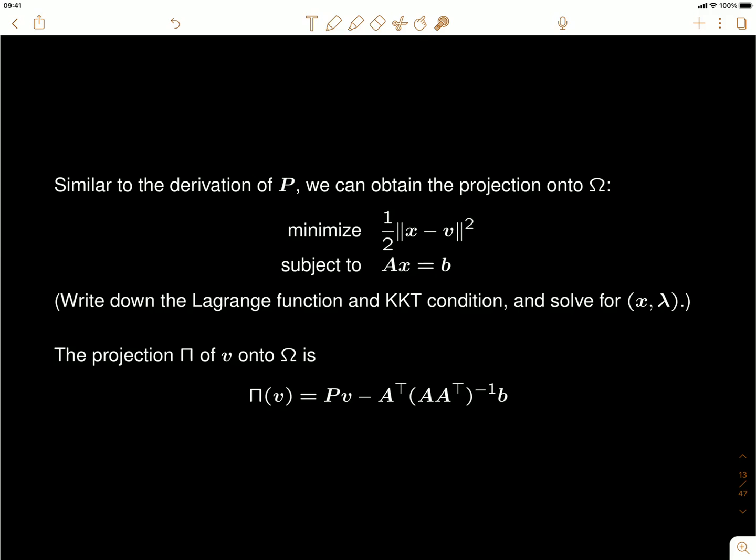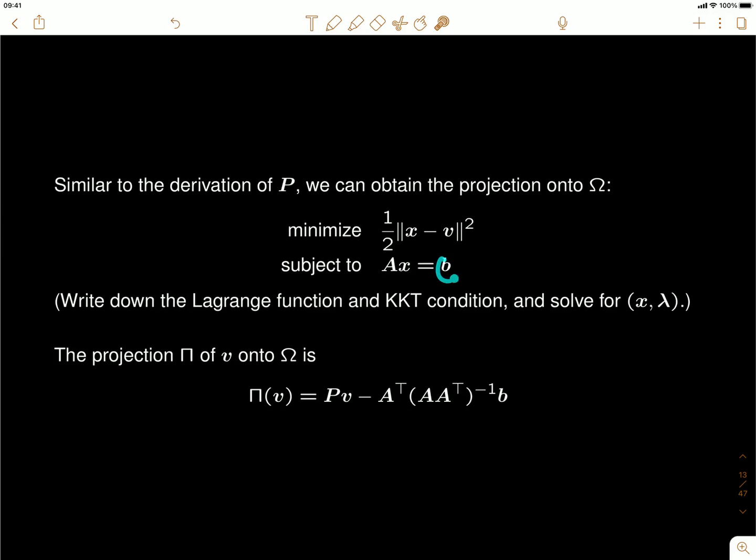So what you need to do is write down the Lagrange function, find the Lagrange condition or the KKT condition, and solve for x and the Lagrange multiplier lambda. And once you solve for them, you can see what x is. It turns out that x is pretty simple.